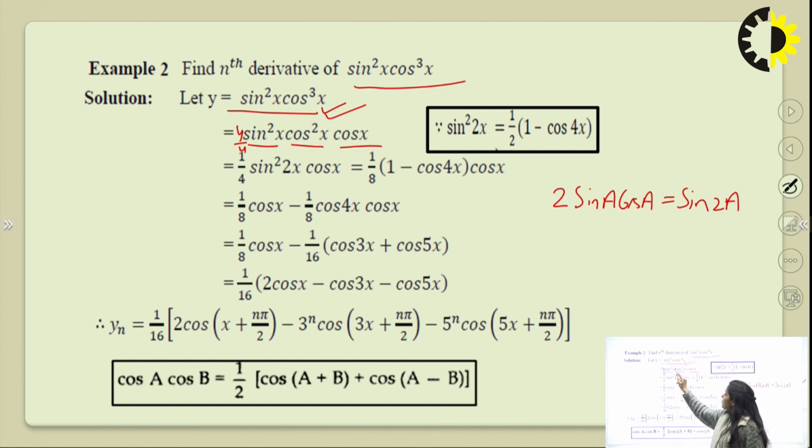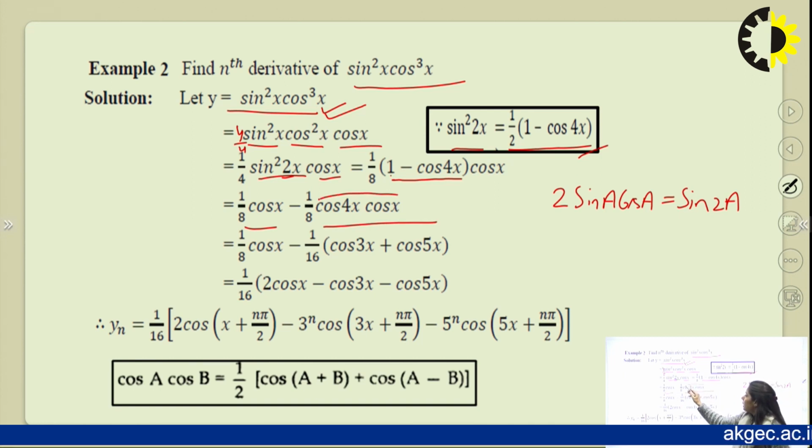So 4 sin square x cos square x is equal to sin square 2x, and into cos x. Now we know that sin square 2x is equal to 1 by 2 into (1 minus cos 4x). So put this value here, so it will be 1 upon 8 (1 minus cos 4x) into cos x. Now multiply by cos x in this bracket, so we will get this.